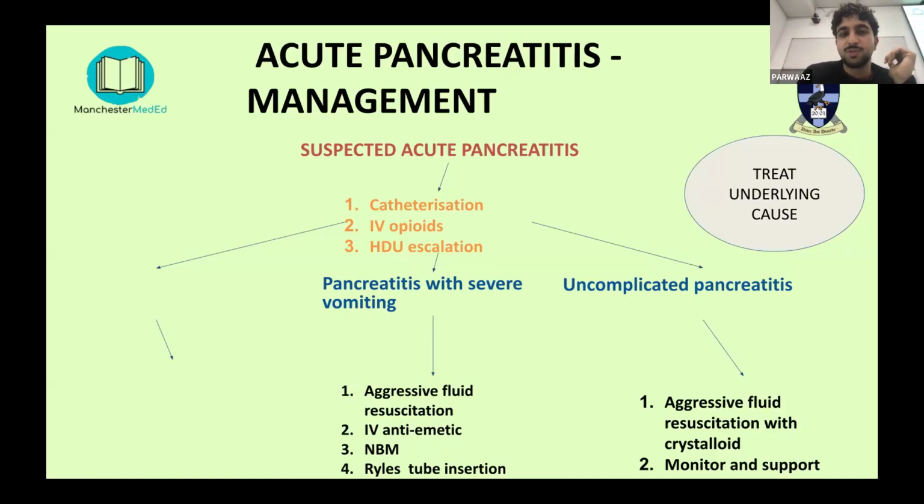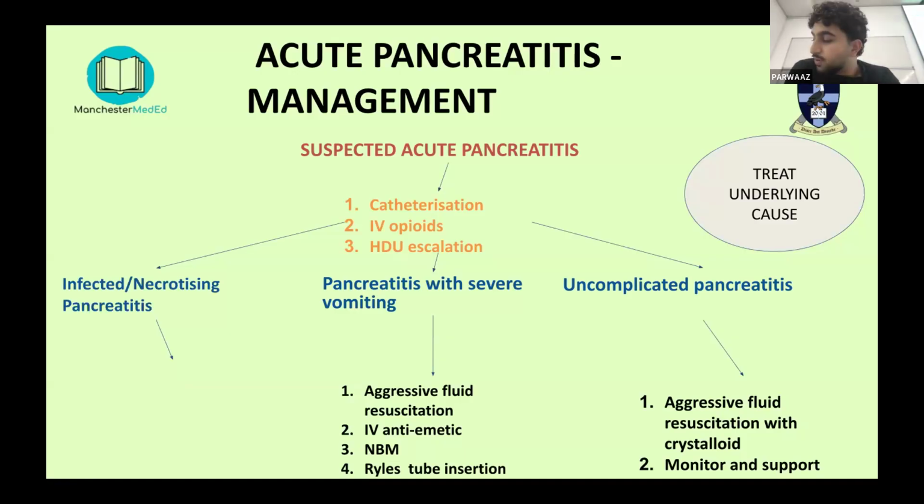So never put NG tubes in patients that aren't vomiting. Okay, it goes against their comfortability. It's a very nasty thing to put in, and you can usually keep people sort of 72 hours without essentially feeding them if you need to. But putting an NG tube really is not the right step if they're not severely vomiting. So that's what you do with severe vomiting.